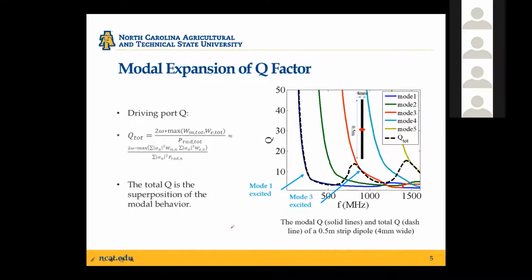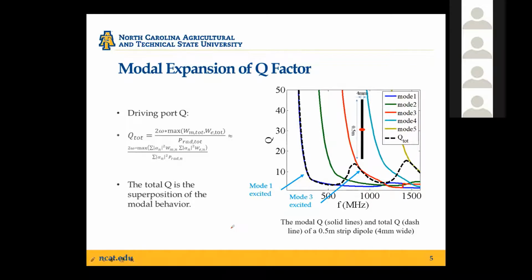Another example of modal expansion here is Q factors. Of course, the total Q won't be a weighted sum of the modal Q factors, but the stored energies and the radiated powers can be expanded based on the stored energy in each mode and the radiated power in each mode. For example, in the figure shown on the right, I still use the dipole antenna as an example.